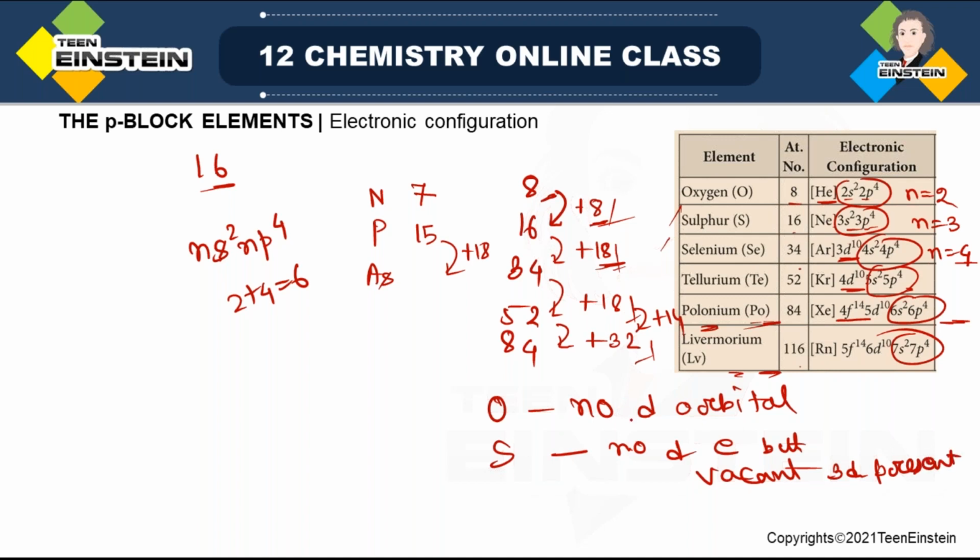Try to understand the difference. Here you do not have d electrons, but that doesn't mean 3d is not present. 3d is present, but it is vacant. But in case of oxygen, you do not even have a vacant 3d because it is from the second period and there is no 2d, right? So in this way, you can remember the electronic configuration, and the general electronic configuration is ns2 np4.